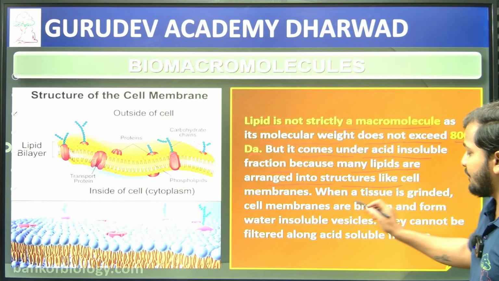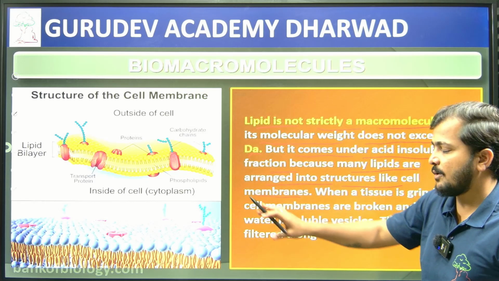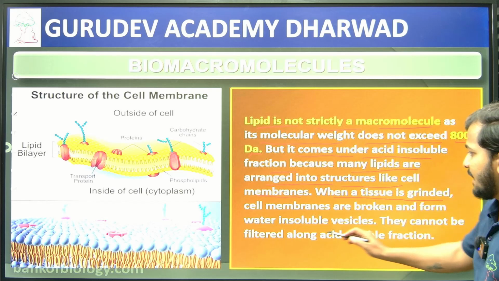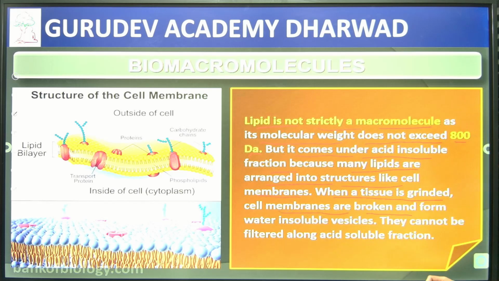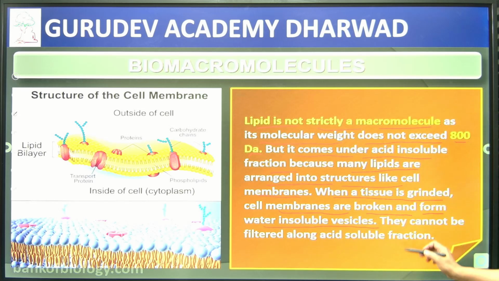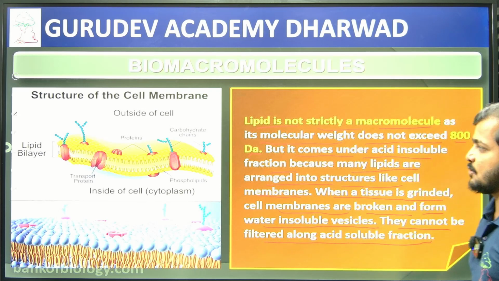So this is the most important point you should remember, because many lipids are arranged into structures like the cell membrane. So for structural formation, you will find many forms of lipids present. When a tissue is grinded, cell membranes are broken. When tissue is grinded, the cell membrane breaks down and forms water insoluble vesicles. They cannot be filtered along with the acid soluble fraction.